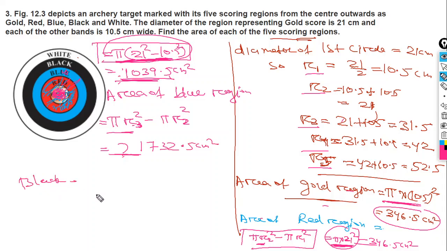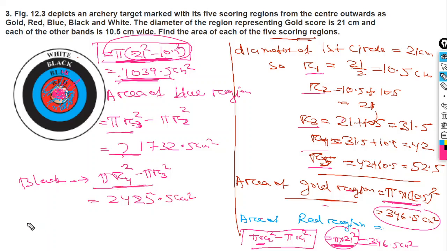Similarly for the black region, you also find pi R4 square minus pi R3 square. The answer will be 2425.5 cm square. You please calculate all of these.